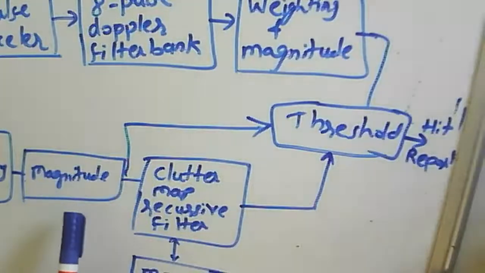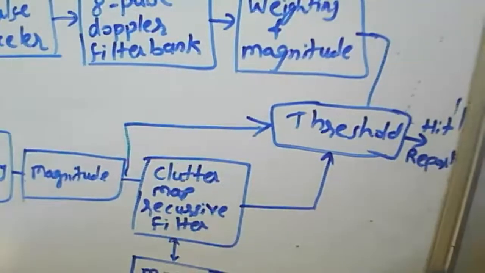So generally what happens here, we can consider a zero velocity clutter. This zero velocity clutter is used to eliminate whatever signal is there, because that signal has a 3 pulse canceller and an 8 pulse canceller.